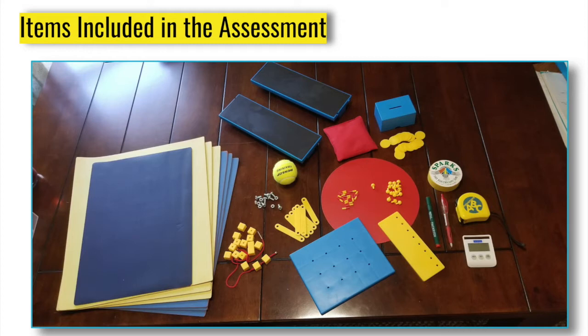When you purchase the assessment, it'll include an examiner's manual, intervention manual, 25 record forms for each of the 3 age bands, which is 3 to 6, 7 to 10, and 11 to 16. You will need to provide your own chair and table of appropriate height.